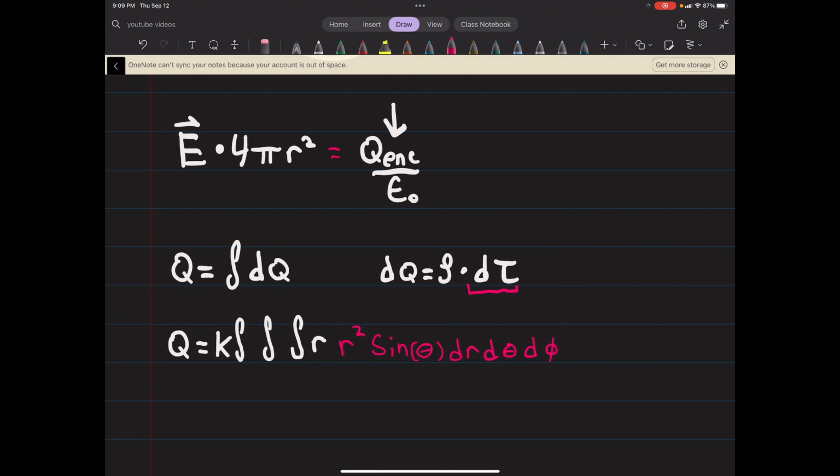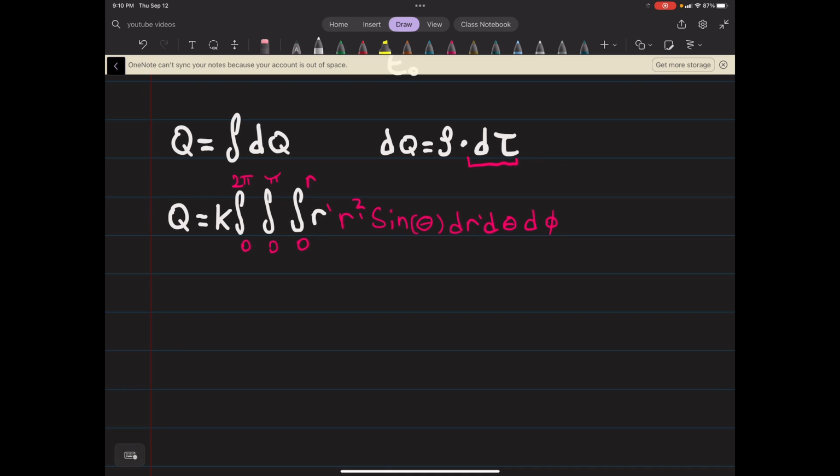And our bounds will go from 0 to r, so technically you might want to make these r's prime notation so that they're dummy variables. We'll integrate from 0 to pi for theta and 0 to 2 pi for phi.